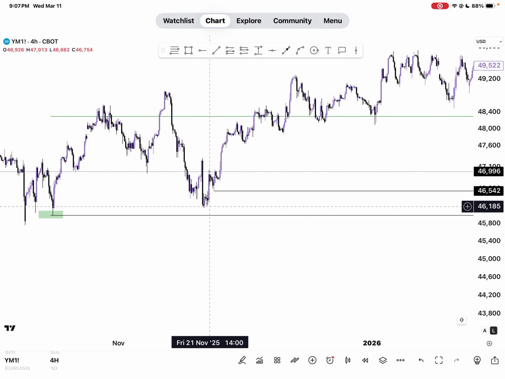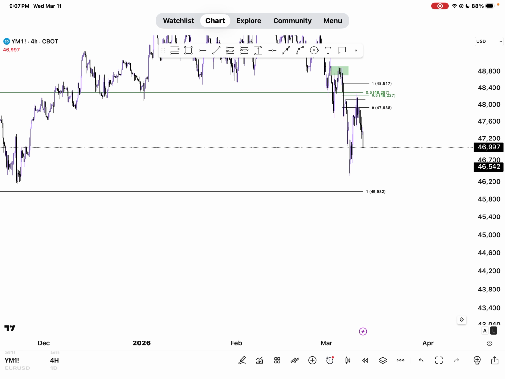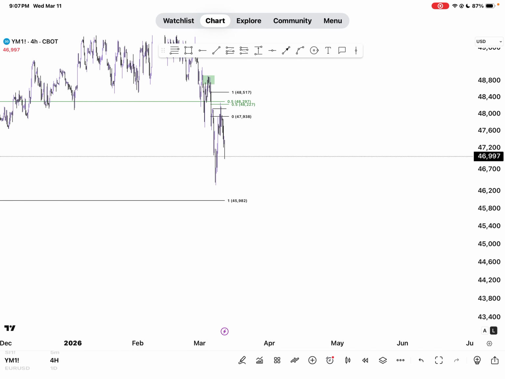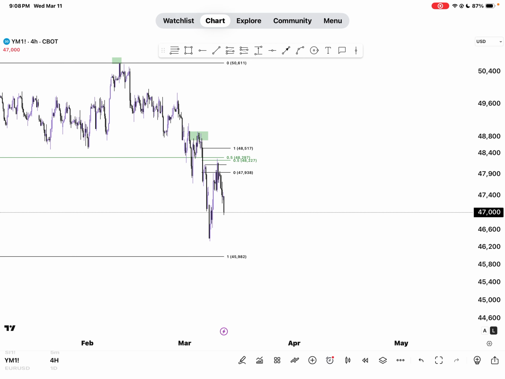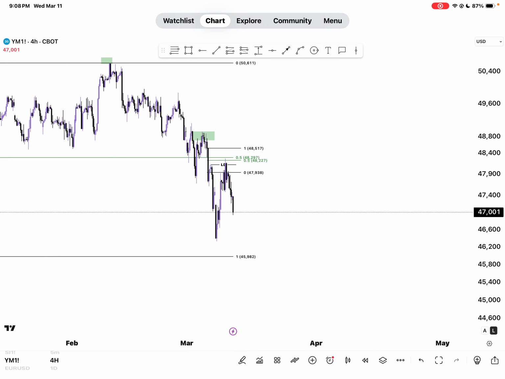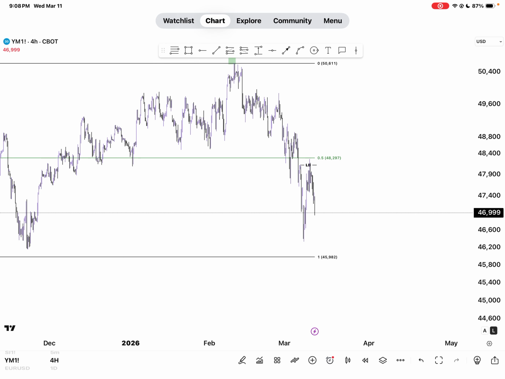But I'm convinced that if we take this low, we're taking the structural point, and then it's just free fall from there. And that will expand our range to going lower. But we'll see what happens from there. As of right now, we saw that was a draw on liquidity. We have action mitigation, so I can get rid of that. No longer need this anymore.